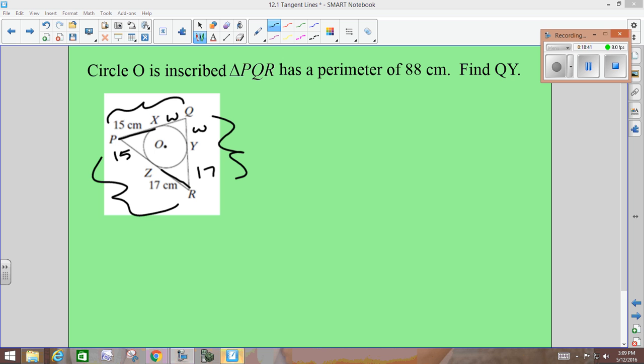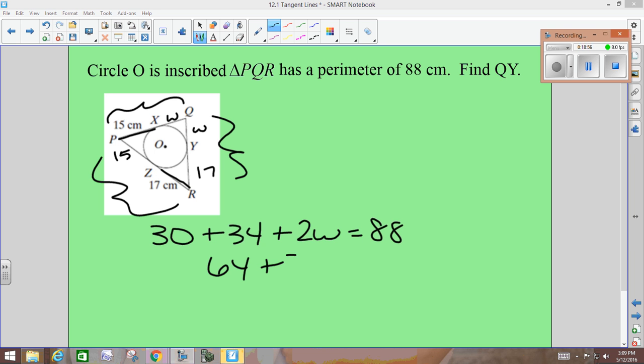Good. So 15 and 15 would give me 30. And 17 plus 17 is going to give me 34. And a W plus another W give me 2W? Sure. Taylor, 30 plus 34? How do I bring that over, Taylor? 88 minus 64? 24.